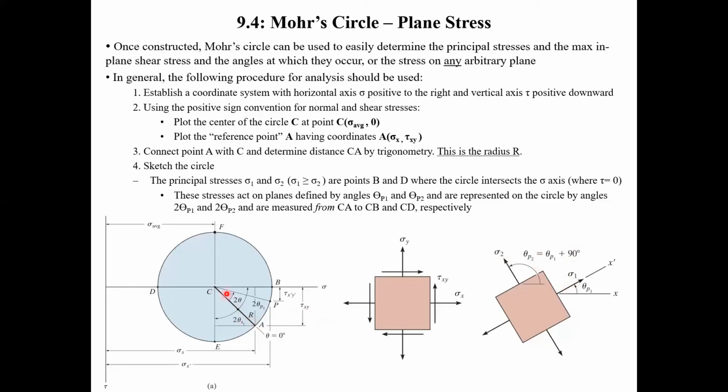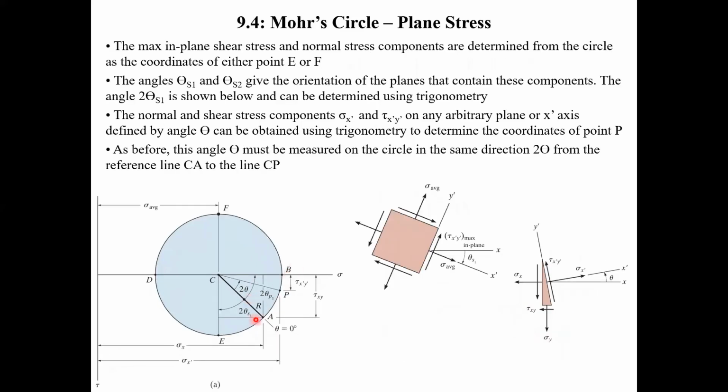So from this reference line AC, 2 theta p1 is found by, I usually use inverse tangent of the tau xy divided by this horizontal distance here, not the whole distance, right? You need to draw your right triangle there and do inverse tangent. And then make sure that you divide by 2 at the end because this is 2 theta p1.